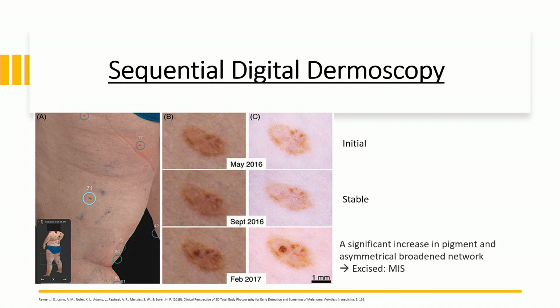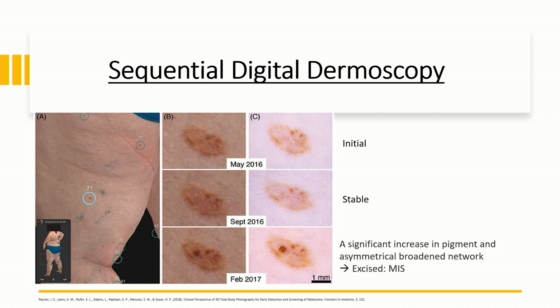For this one over here, if you remember, I spoke about the Vectra 3D machine. This is what it actually looks like, and on the screen you can play it around. This particular lesion is from a journal. This is a zoom in of that lesion under the dermatoscope. This is the initial image in May 2016, and in September 2016 it looks pretty much the same.